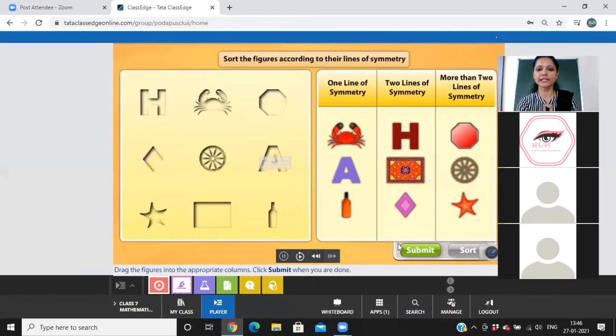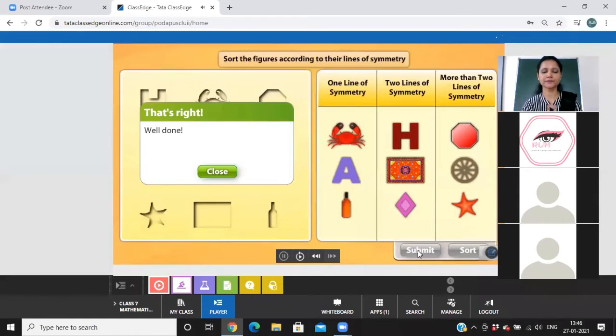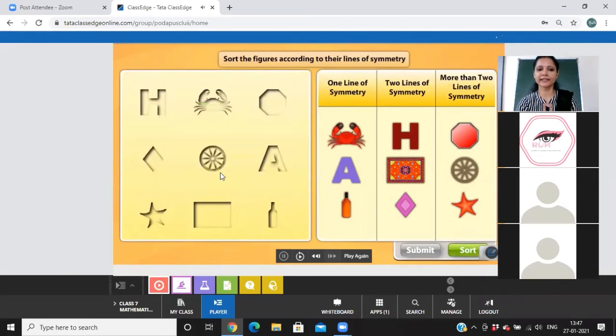Now let's submit it and check whether we are correct or not. Well done. You have correctly sorted the figures according to their lines of symmetry. Very good. So you've just learned about the different shapes and their lines of symmetry.